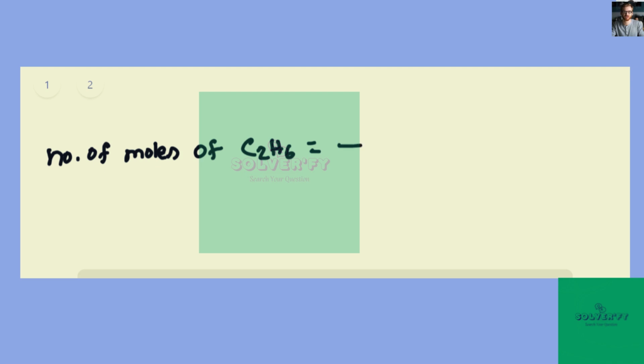which is its mass over the molar mass. So the mass of C2H6 reacting here is 125 gram, and the molar mass of C2H6 is 30.07 gram, which is simply the sum of the molar masses of carbon and hydrogen.